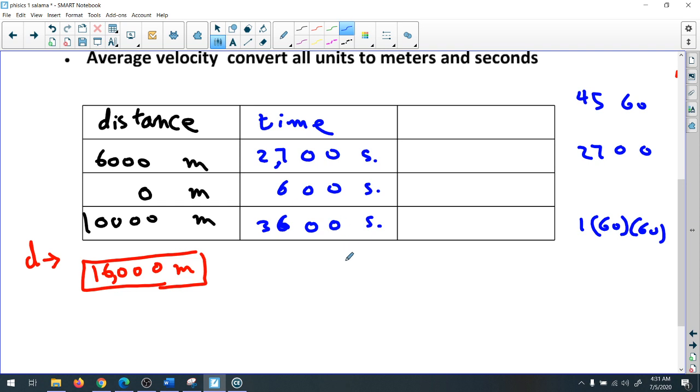Now we need to add the time: 2,700 plus 600 plus 3,600 is 6,900 seconds. That's the total time. Now it is easy to get average speed.